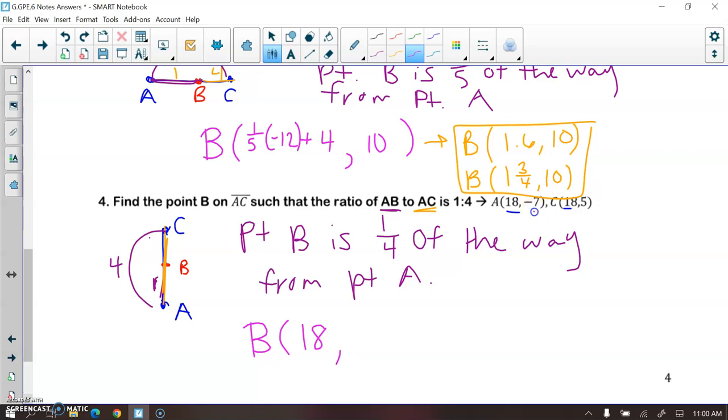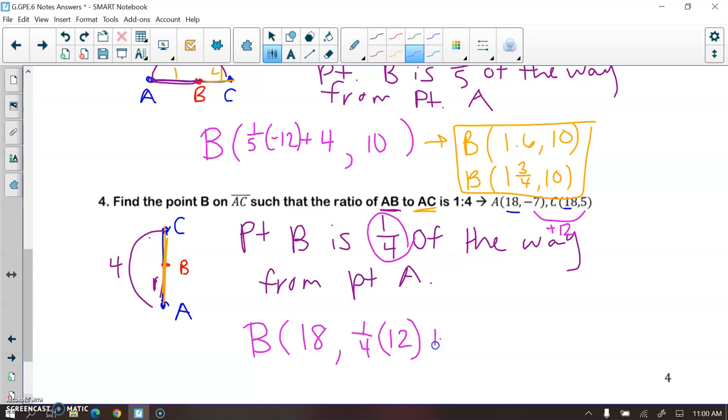And going from point A to point C, that means we're going up from A to C, so we're going in the positive direction. So going from a -7 to a 5 would be going up 12 units, a positive 12 units on the graph. And so we'll take our ratio of 1/4 and we'll multiply it by the positive 12 units.